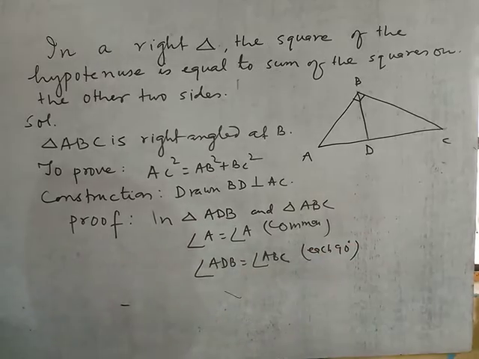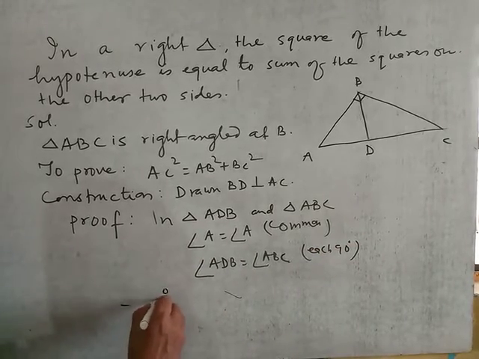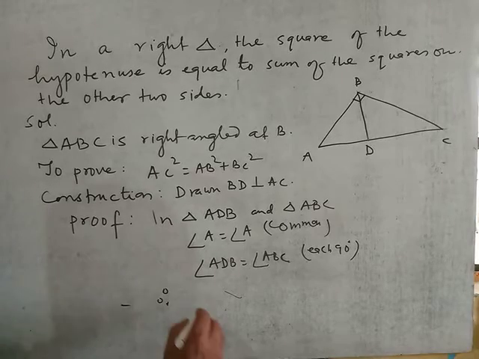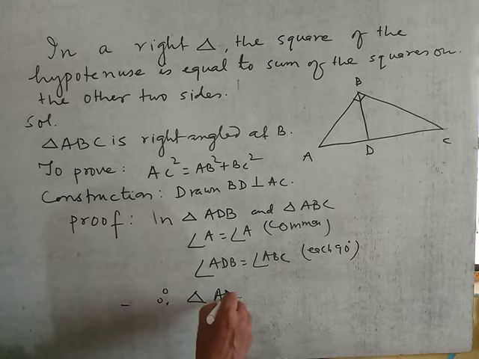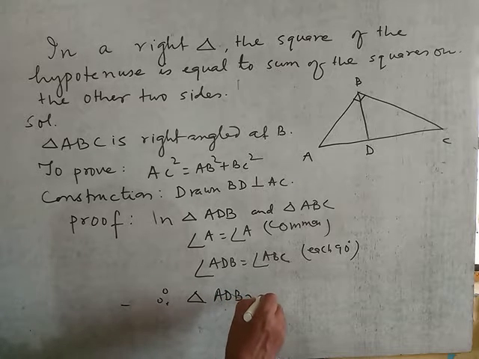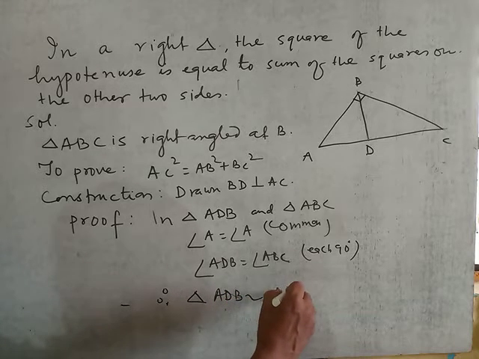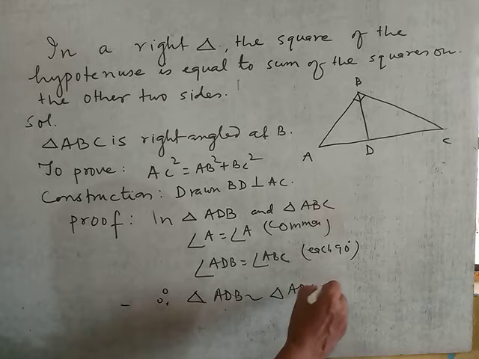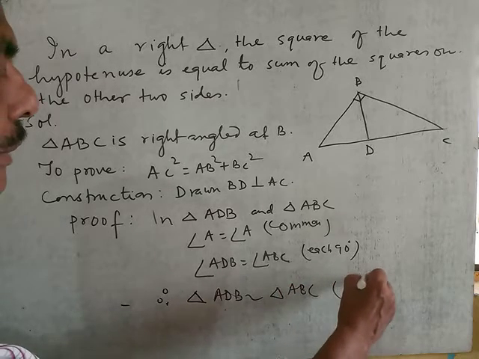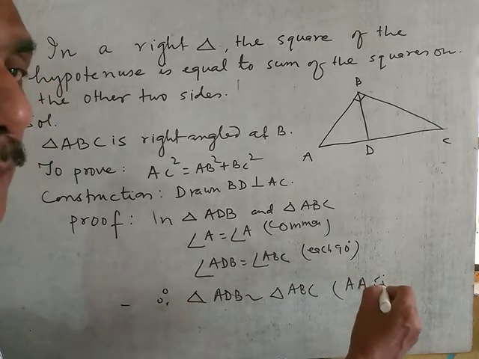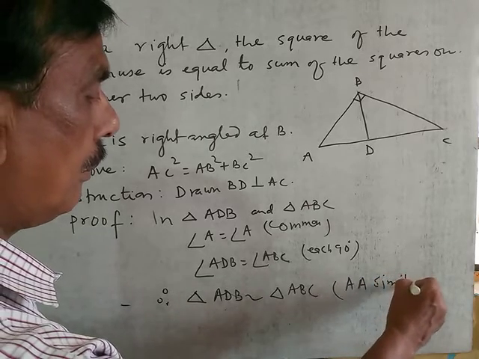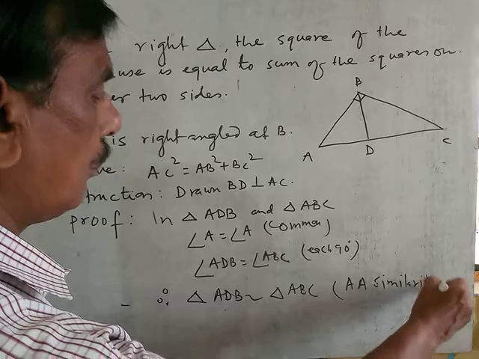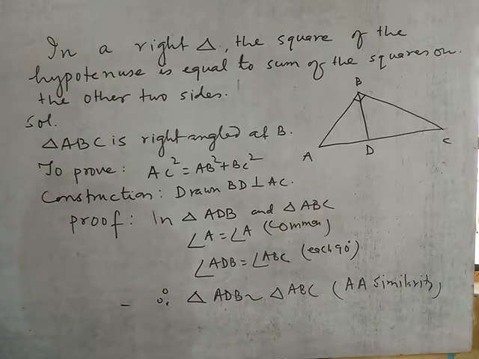Therefore triangle ADB is similar to triangle ABC. So that is angle similarity. Triangle ABD is similar to triangle ABC.